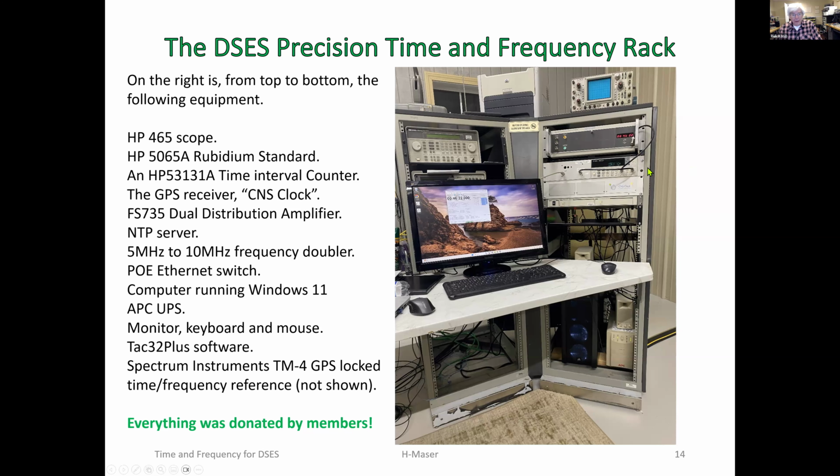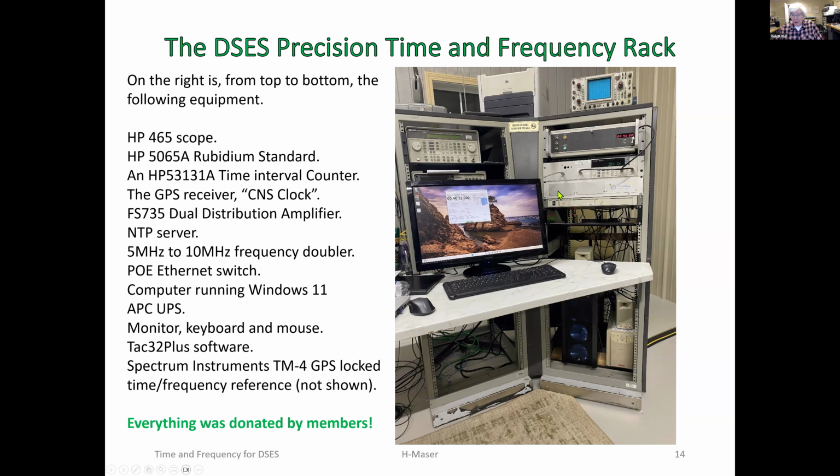Below that is our time interval counter, which is a Hewlett-Packard, in this case, a 53131, which is good enough for what we're doing now. I'd much prefer to have a higher performance time interval counter, but for what we're doing, this is good enough.